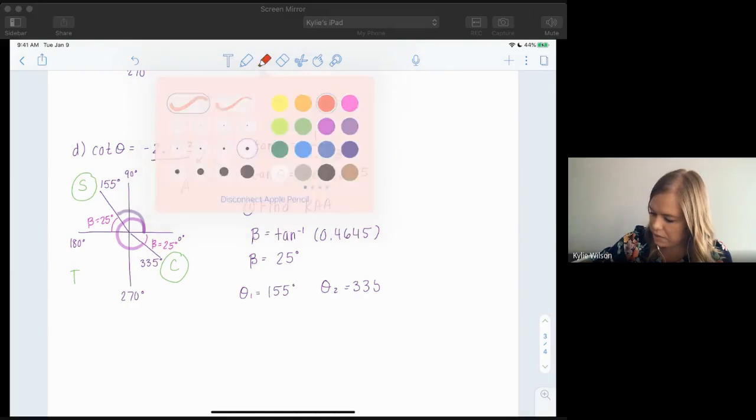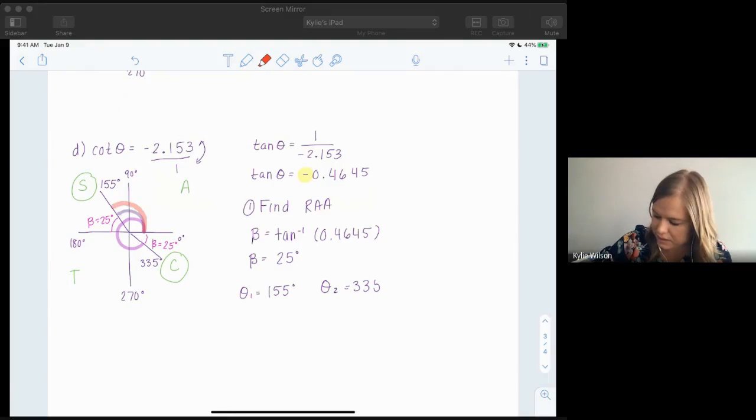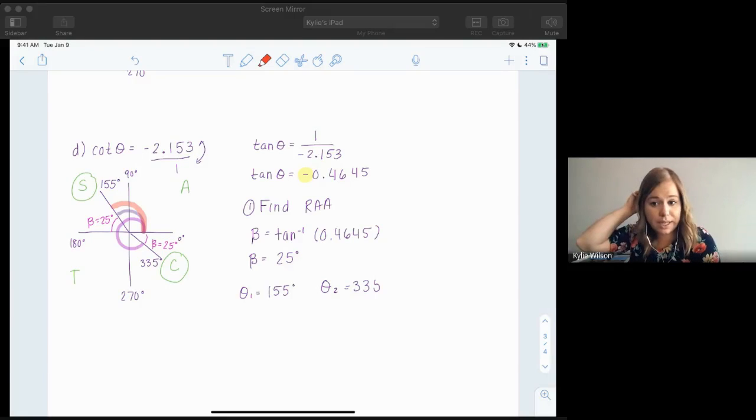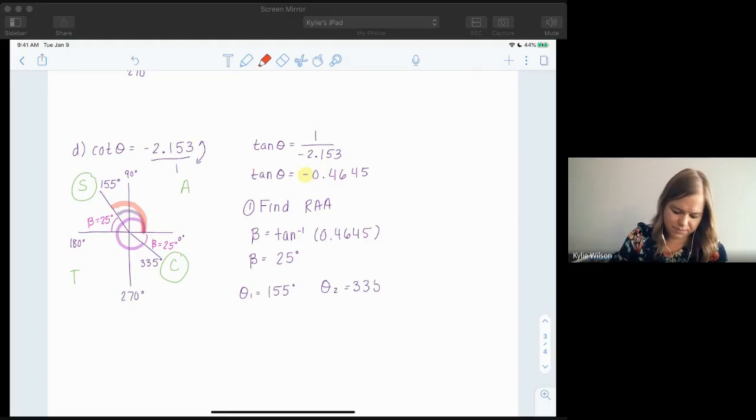If I go from here to here, and I have 25 left to get to 180, and you add 180 plus 25, you're going to end up with 205. And 205 is in this quadrant. It's not in here anymore. So that's a sign that you've made a mistake.